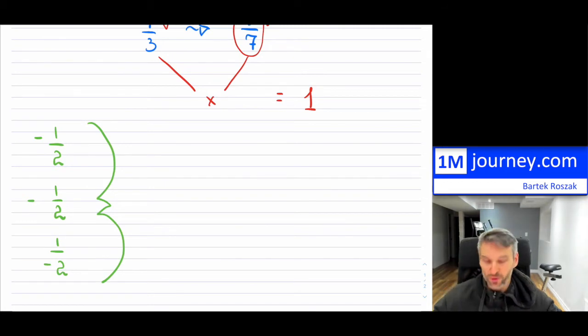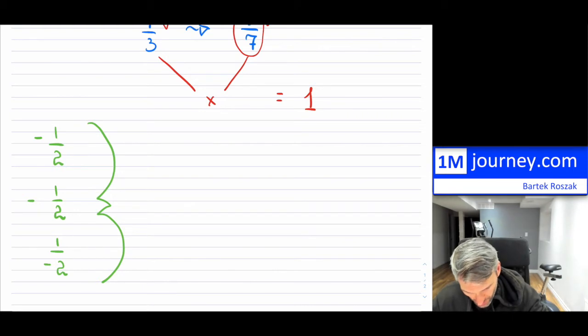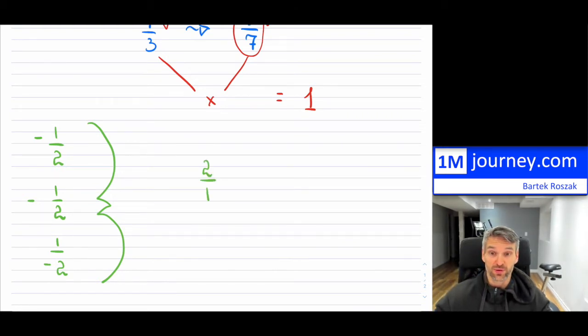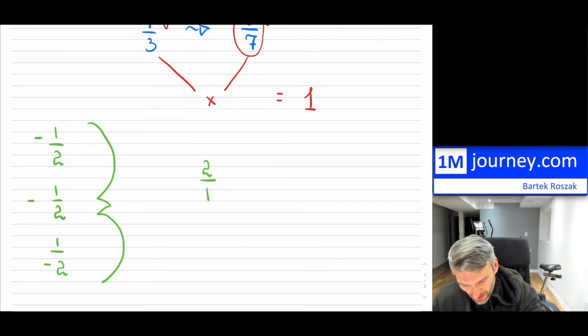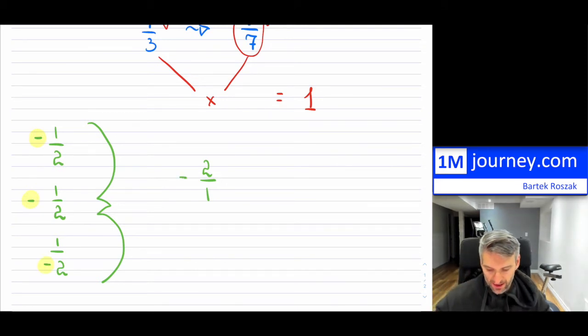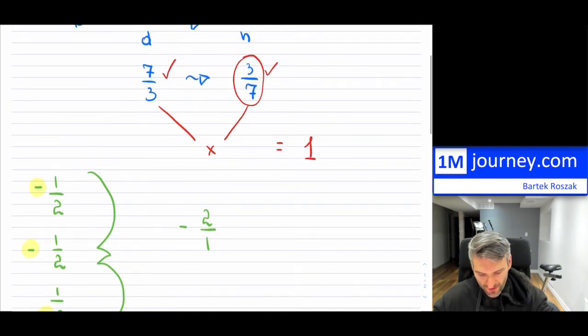The reciprocal would be just simply swapping of the numerators and denominators, which would mean this would have been just 2 over 1, which really is just the number 2, because that's what 2 over 1 is. But for reciprocals, if our original number is negative, then our reciprocal is also going to be negative. And it comes from the fact that we want the multiplication of the two to be equal to 1.